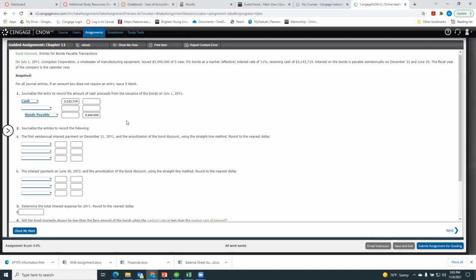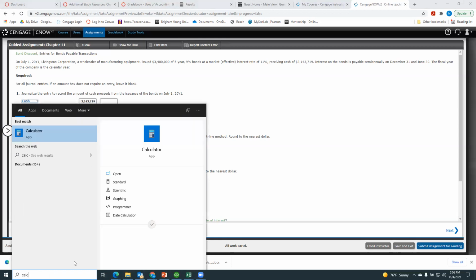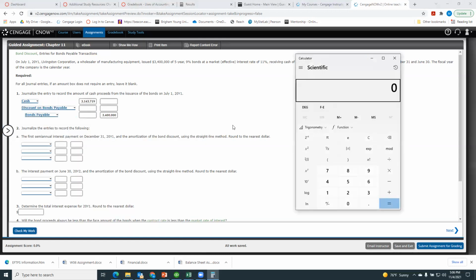From these first two entries, I'm going to have to do a debit entry to make my debits and credits equal each other. Whenever I get less cash than the face value of the bond, that's called issuing the bond at a discount. So I'm going to debit the discount on bonds payable account enough to make this journal entry balance.